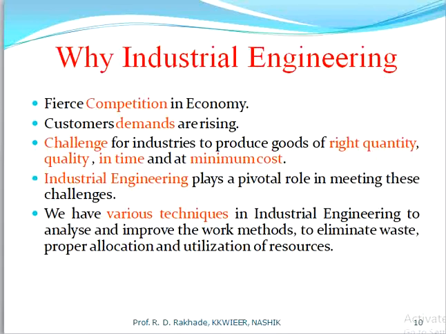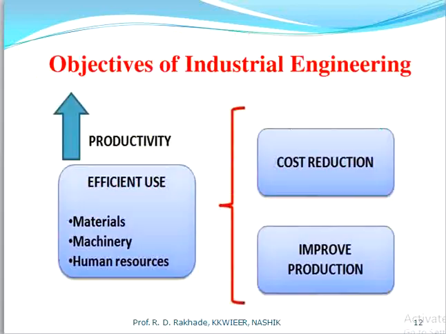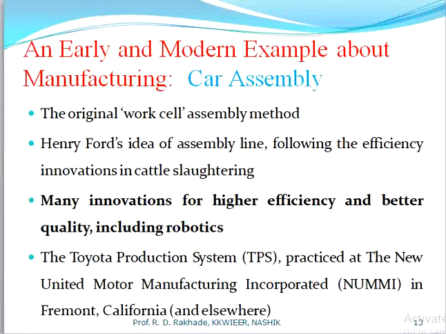So why industrial engineering? The definition in simple words: industrial engineering improves productivity by proper utilization of resources. The objective is efficient use of material, machinery and human resources by reducing cost and improving production.